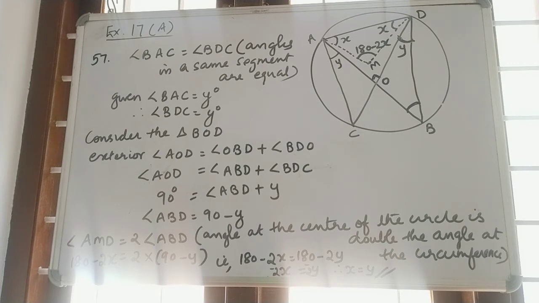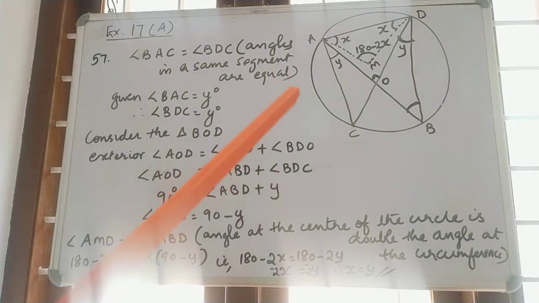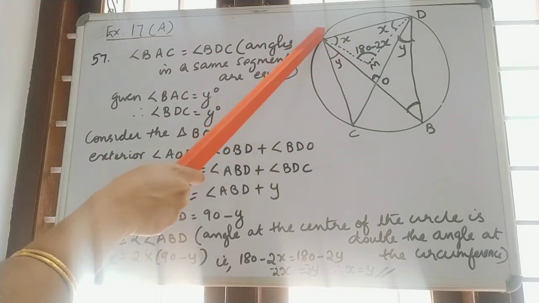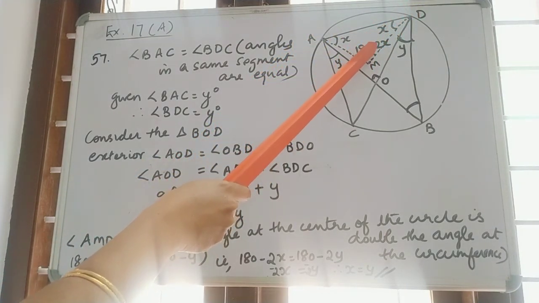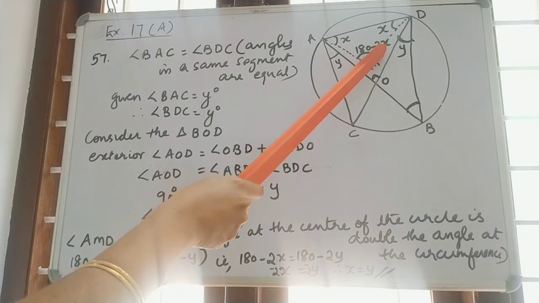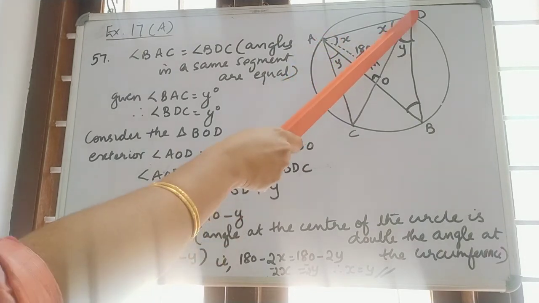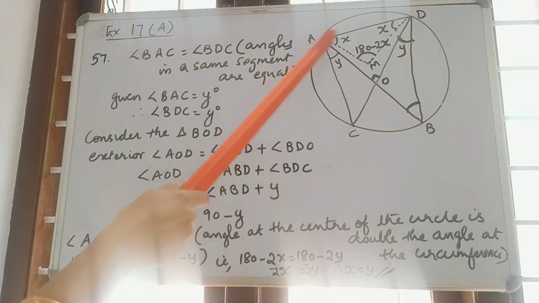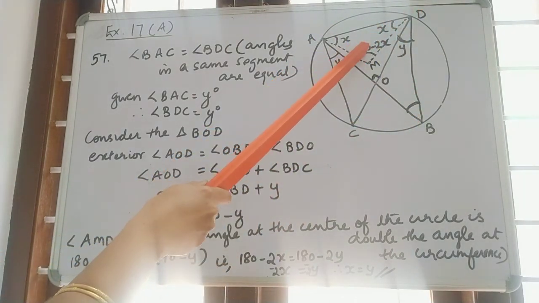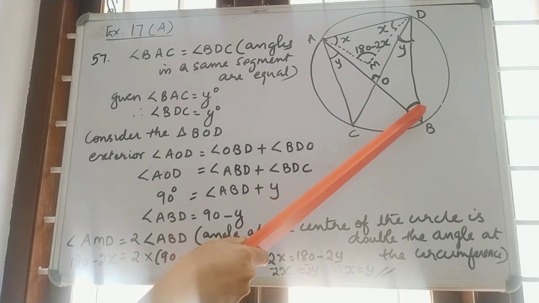Next we want to prove X is equal to Y, the third part. For that, look at angle AMD. AMD is a central angle. Central angle AMD is 180 minus 2X, we already proved. What is the relation between AMD and ABD?